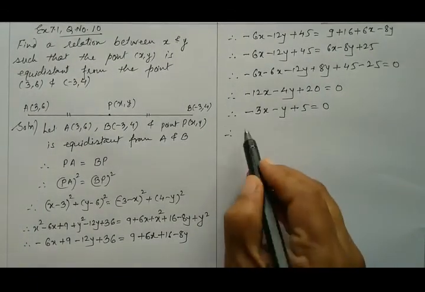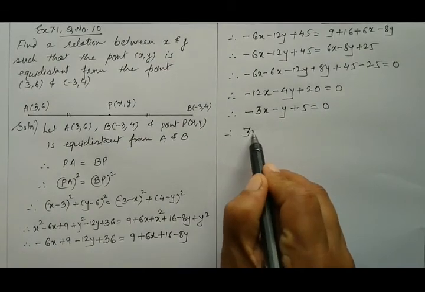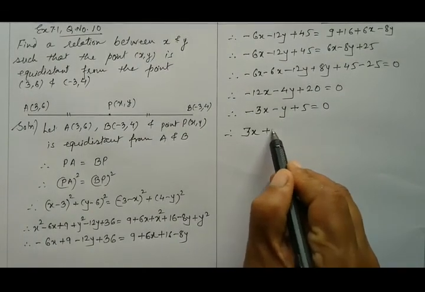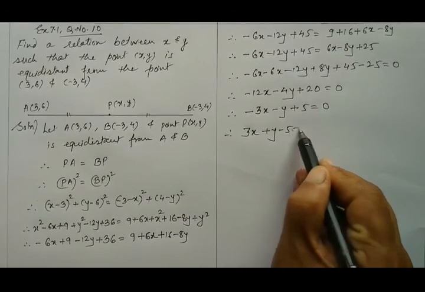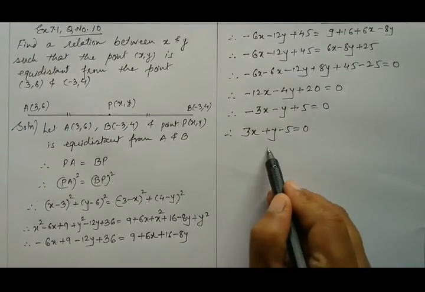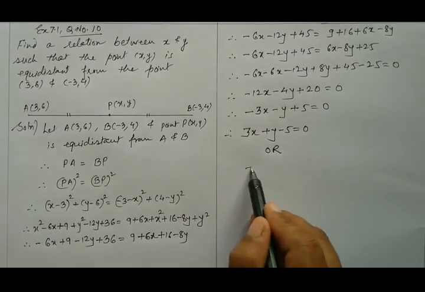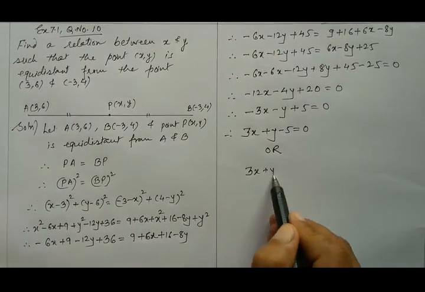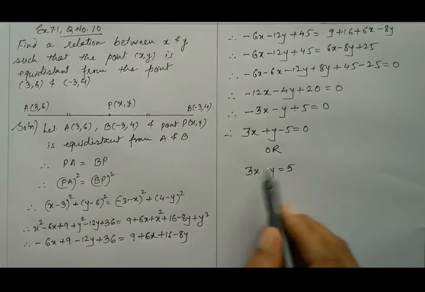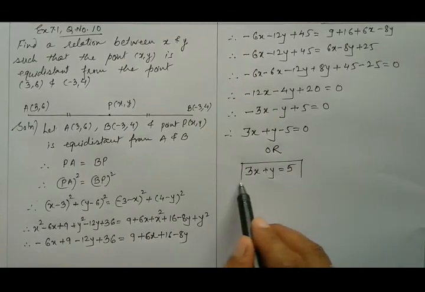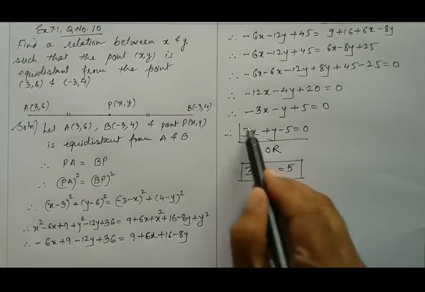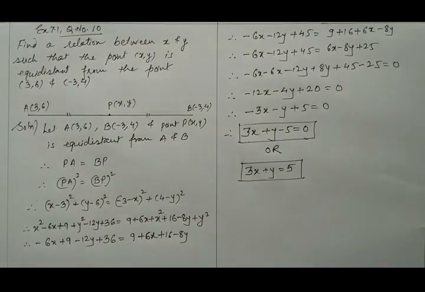So change the signs, all terms will change signs: 3x plus y minus 5 is equal to 0, or you can write 3x plus y is equal to 5. Okay, both are correct. So this is the required relation. Hope you have understood this question.